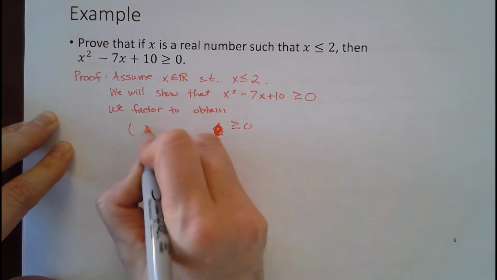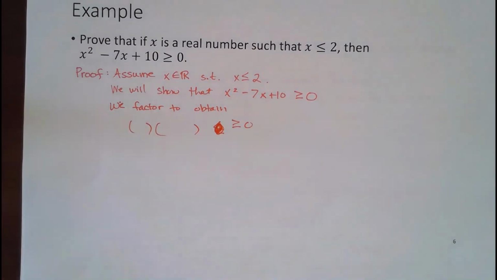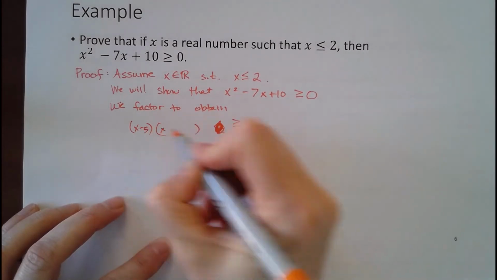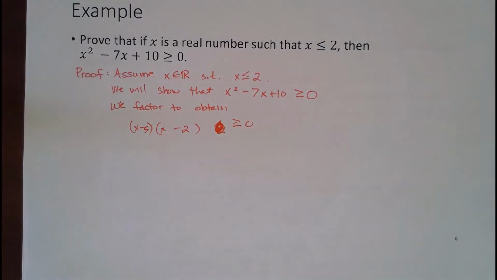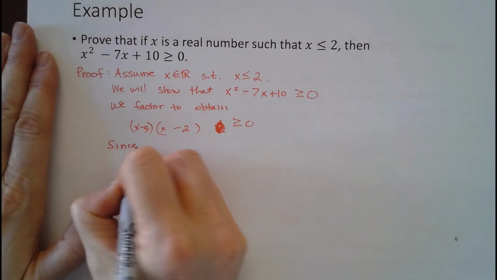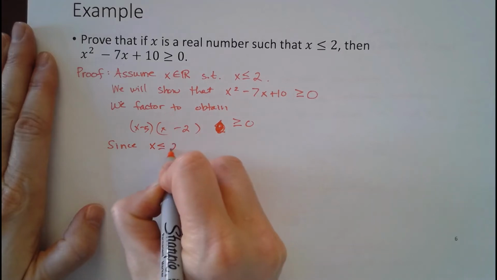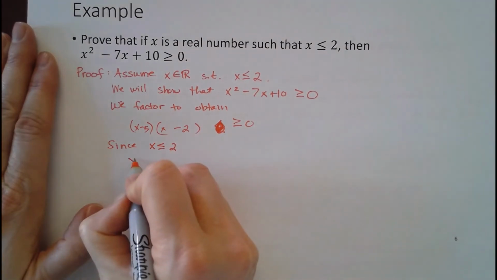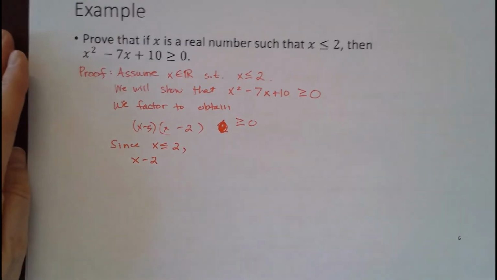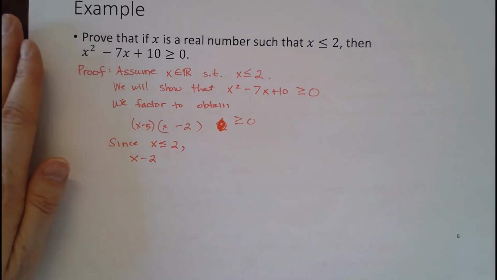So what does this thing factor into? X minus 5 and x minus 2. All right, so since x is less than or equal to 2, what can we say about x minus 2? That factor is the easiest one to think about.